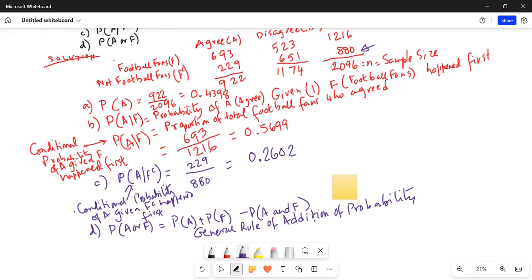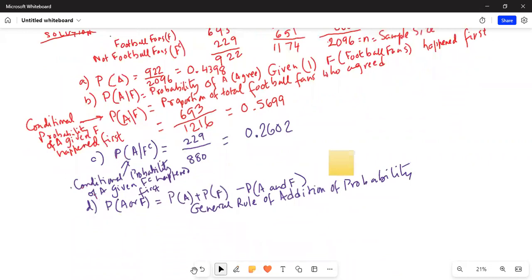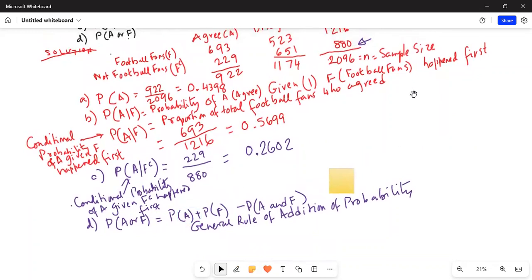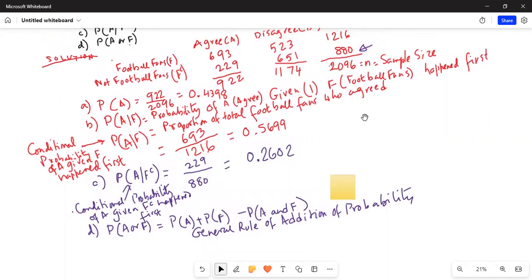So what is the probability of A? I need the table so I cannot go too far.